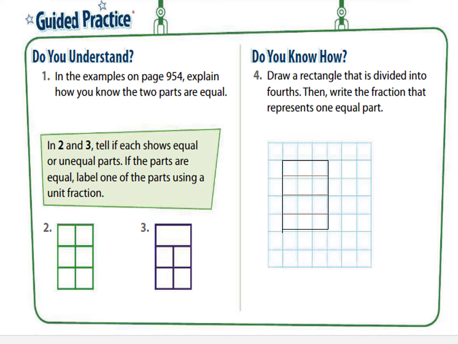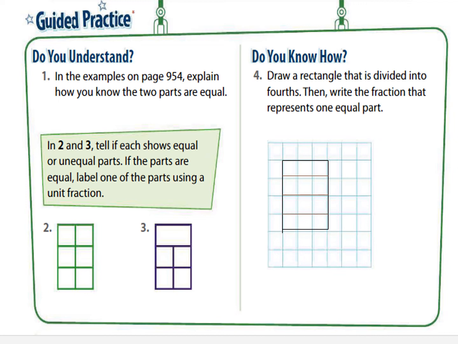Now open page 955 and follow me. Sweeties, are you ready? Let's start. Look at question number 1. In the example on page 954, explain how you know the two parts are equal.